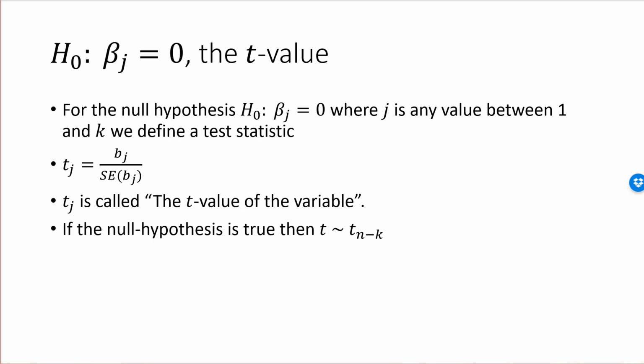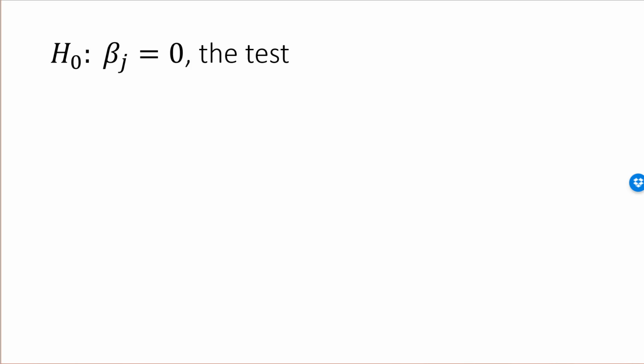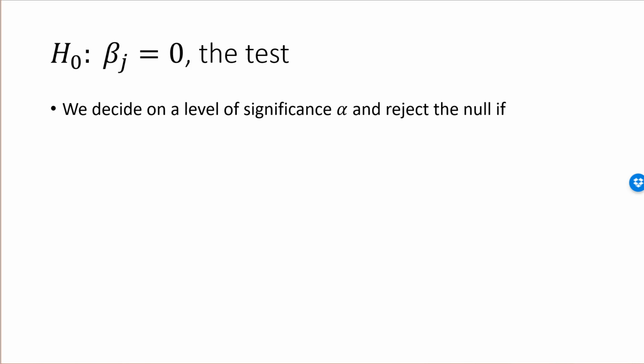So here's the procedure for the test. First, we have to agree on a level of significance alpha. That was the probability of incorrectly rejecting the null. So if we agree on alpha equal to 0.05, we accept that whenever we claim that the null hypothesis is false, there is about a 5% probability that we're actually making this claim in error.